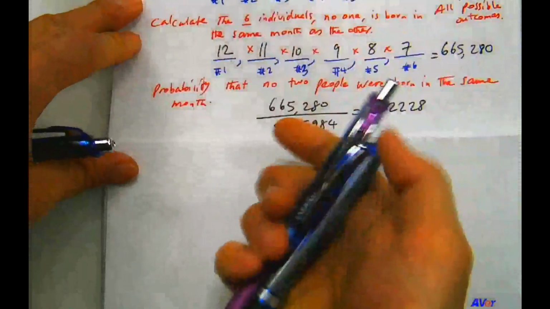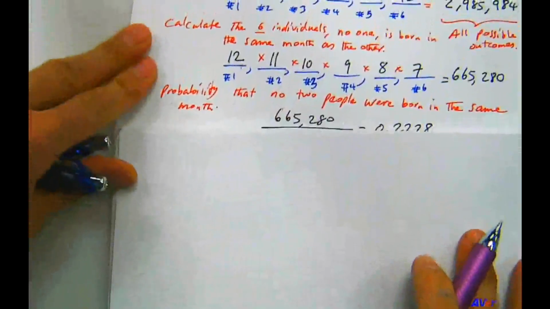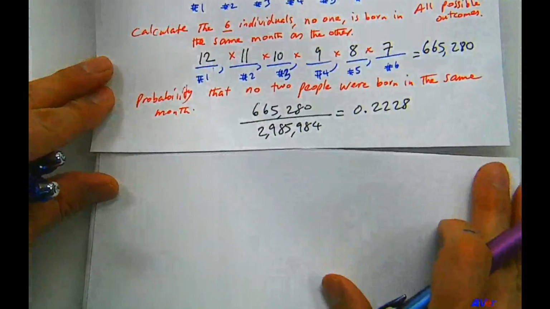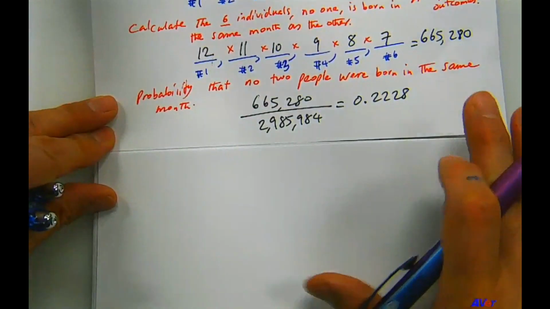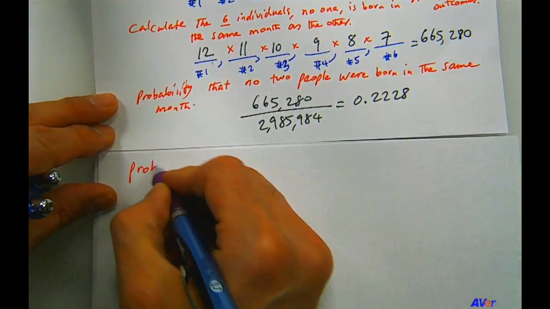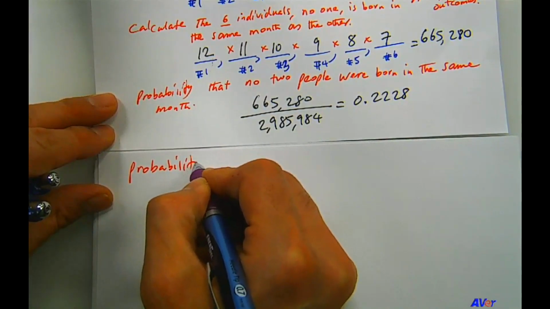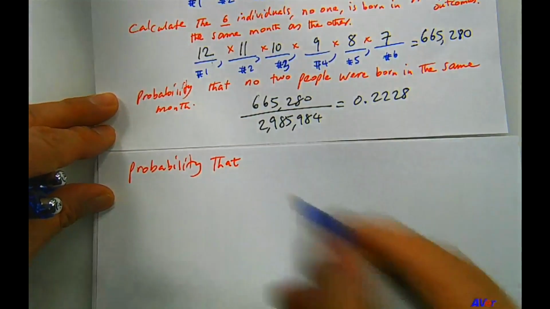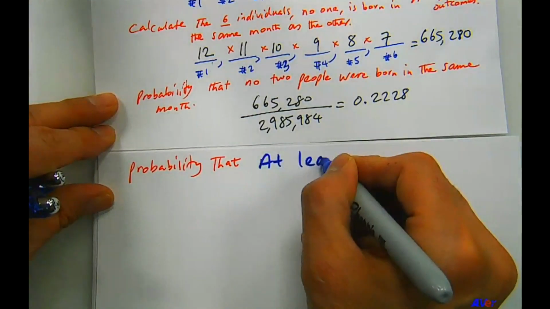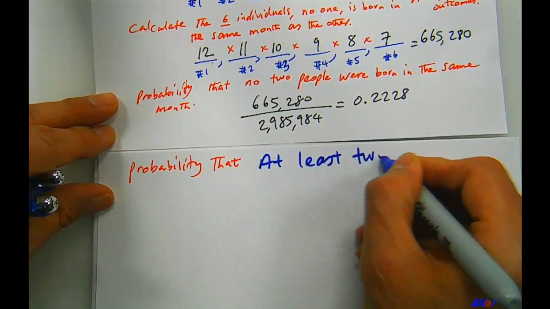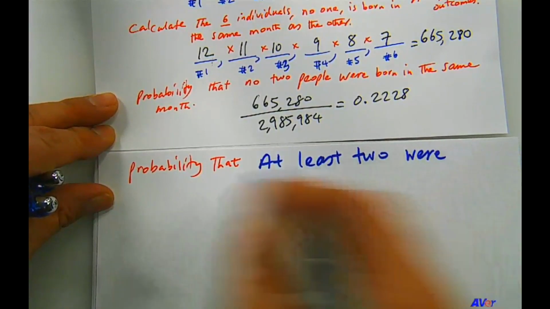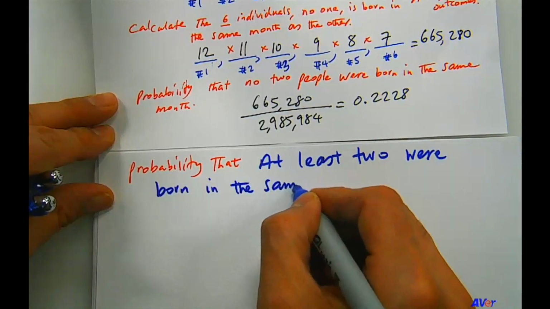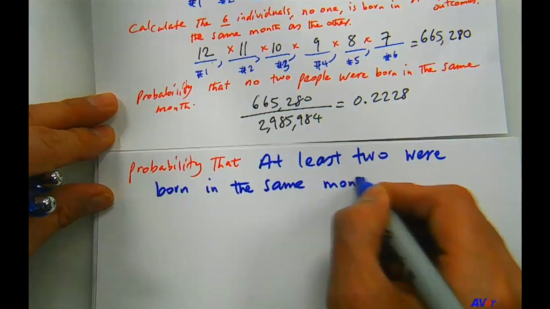So now, let me title this with the probability that at least 2 were born in the same month.